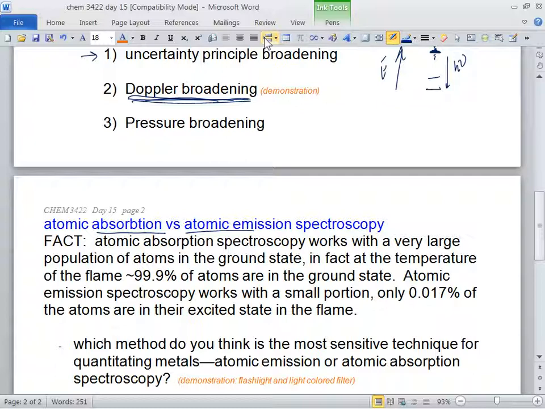Which case was which? Which one was absorption? Which one was the emission process? Absorption, the darker one, because less light was being emitted. Well, you can argue for absorption in both of them, really, because the filters are absorbing.